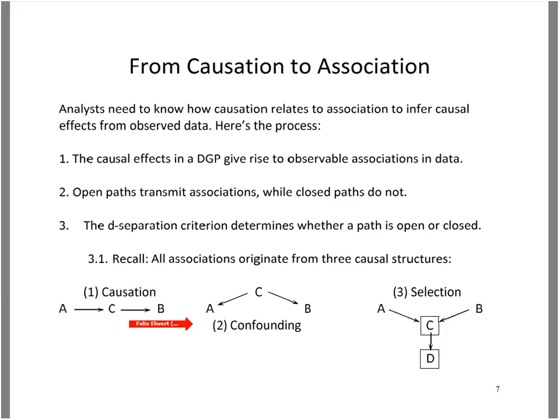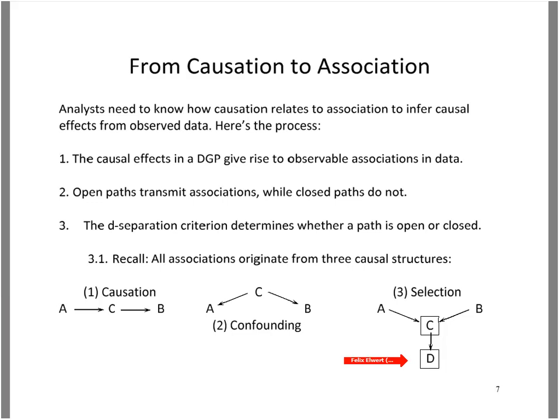And third, and that's the hard one, two variables A and B will be associated if we condition on a common effect, C, or a descendant of a common effect, D. This is the structure of endogenous selection bias.